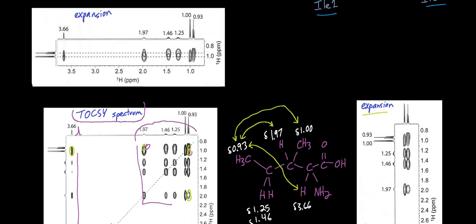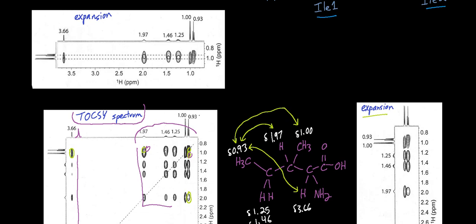The expansion above simply shows you this upper part of the TOCSY spectrum focusing on the 1.0 ppm broad region. It's kind of showing you the information that we saw looking down in the other direction. It's just harder to see.